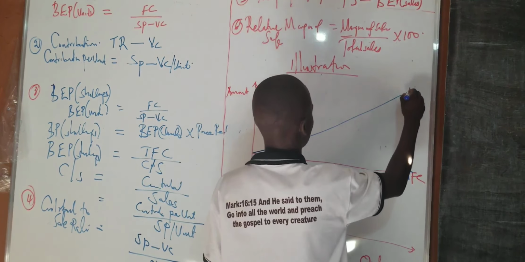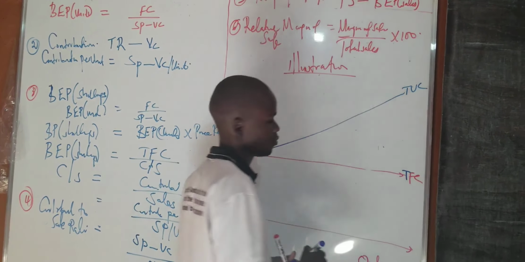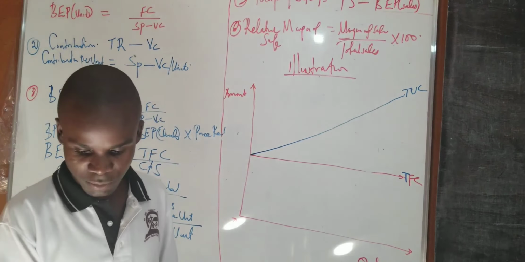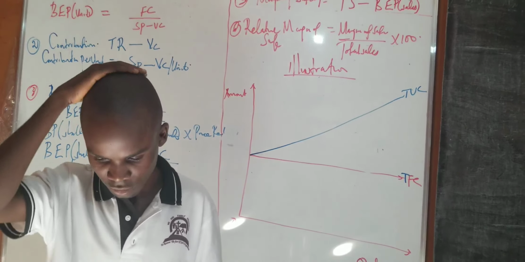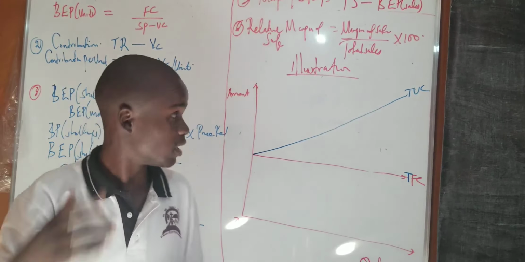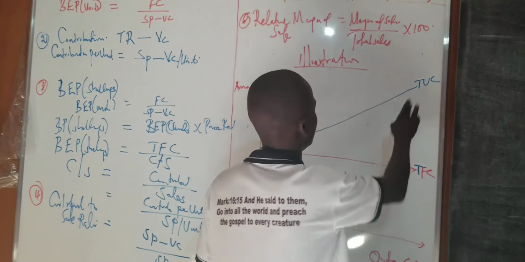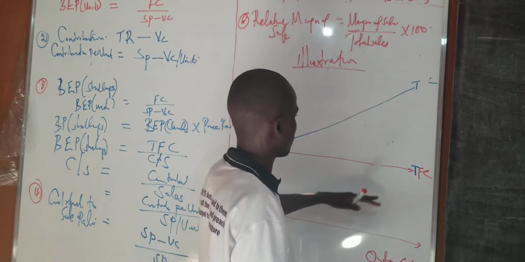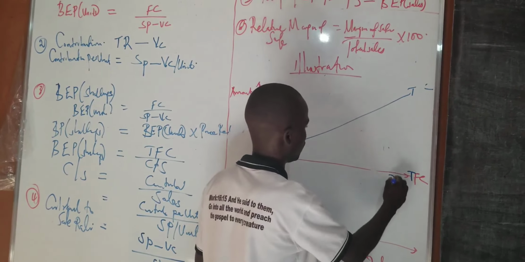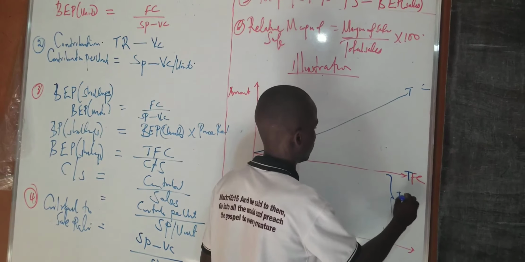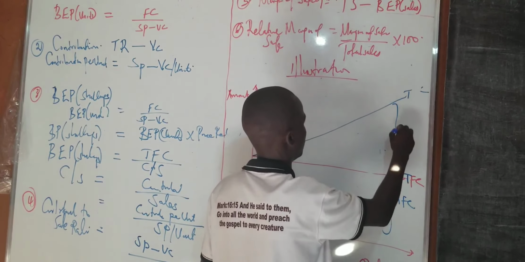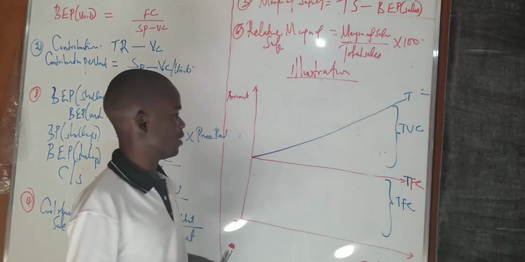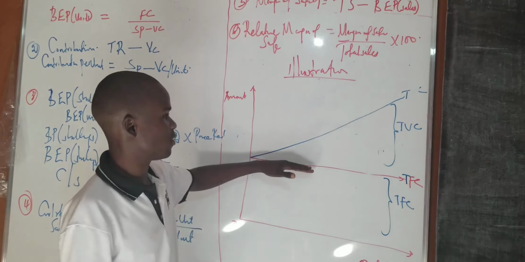Then we have the variable costs. These are the total costs. Total costs equals total fixed costs plus total variable costs. So from here up to here I get the fixed costs.